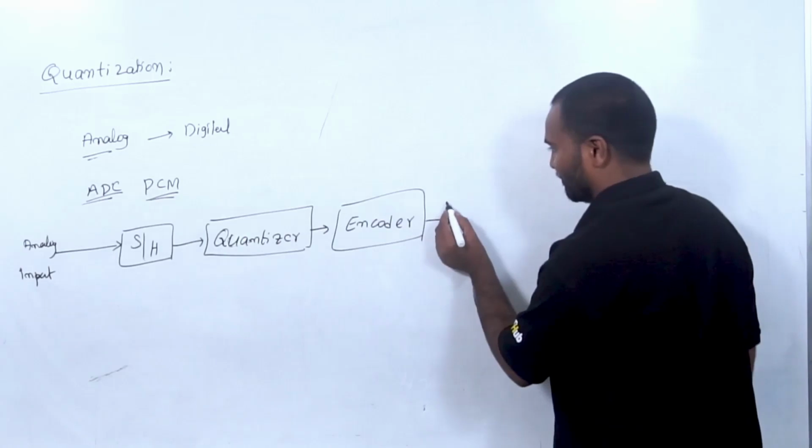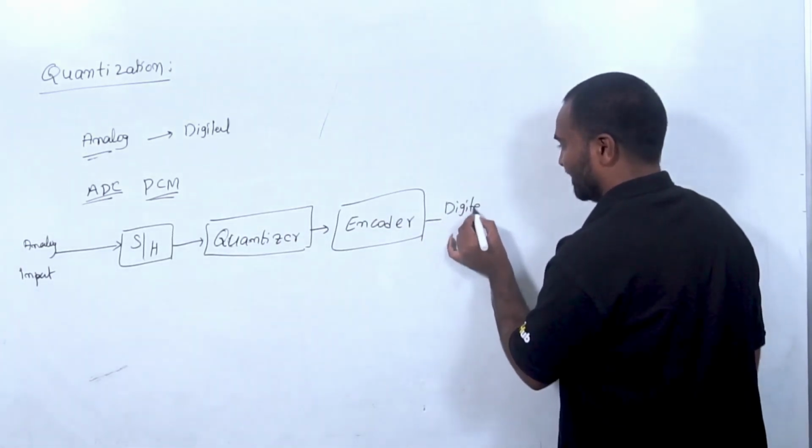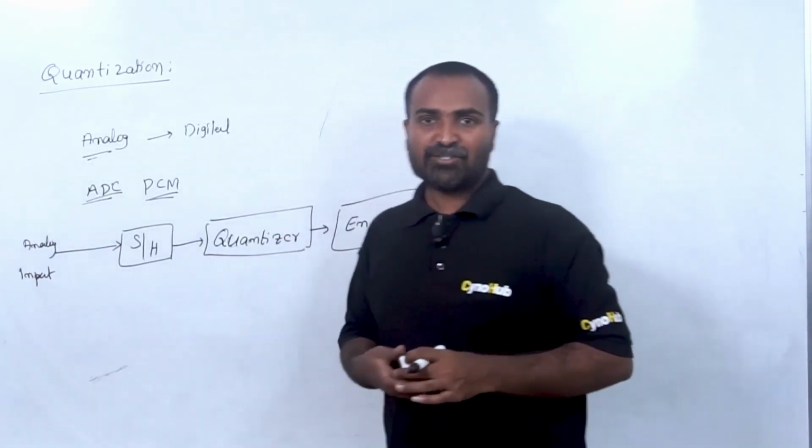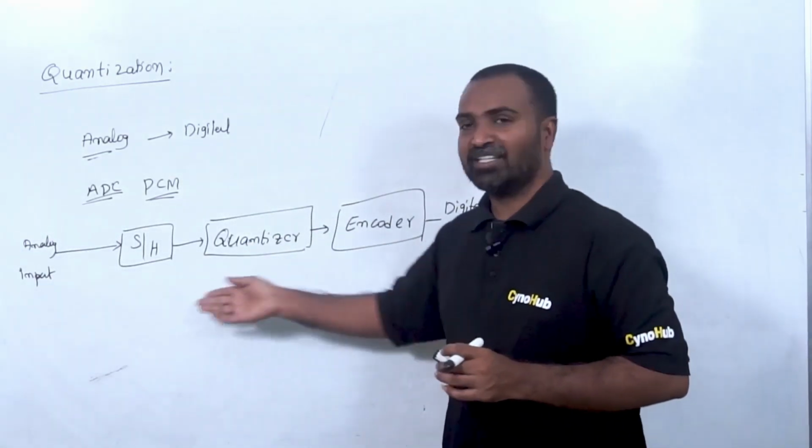The data is in digital form after the encoder. So this is the block diagram of pulse code modulation, nothing but a block diagram of an analog to digital converter.